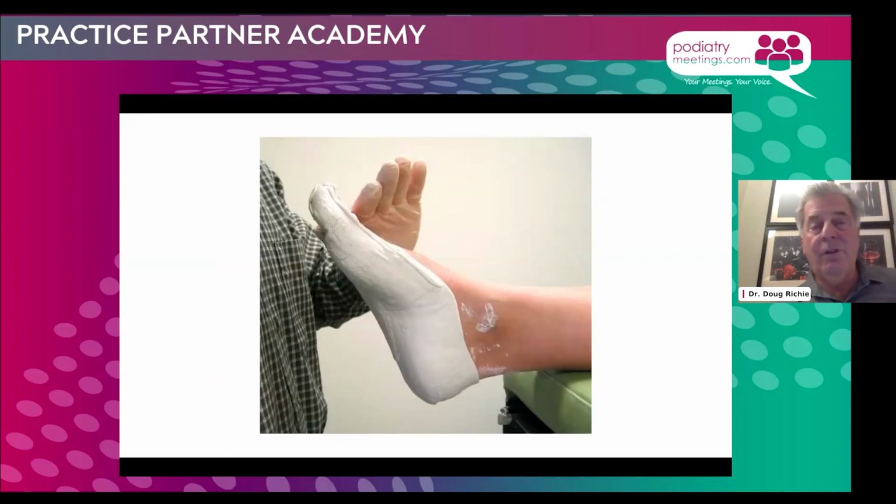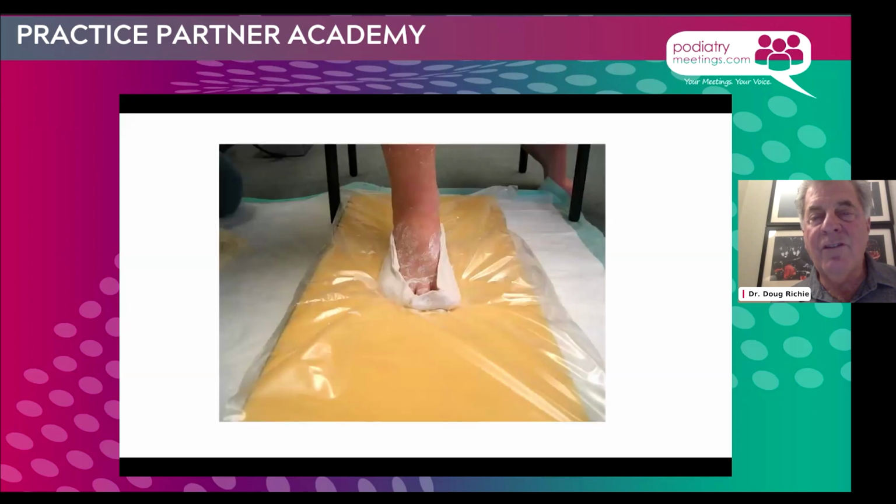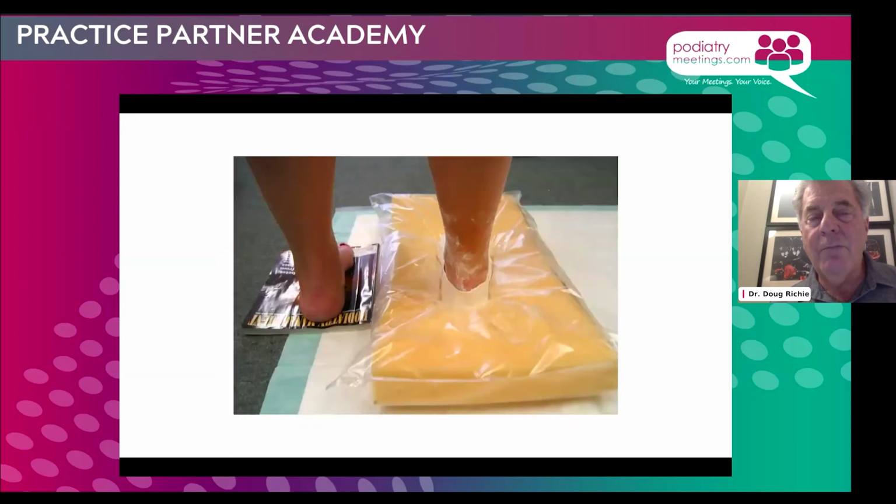I did this study with Jeff Root, Mert Root's son, published it in Podiatry Management magazine about 15 years ago. We just took a single patient, and Jeff casted this woman off weight bearing using the Root technique. And then he took the same patient and casted her semi weight bearing sitting in a chair with her foot resting on foam, and then fully weight bearing standing up with her foot on the foam on the ground.